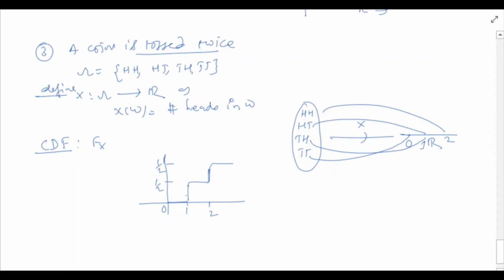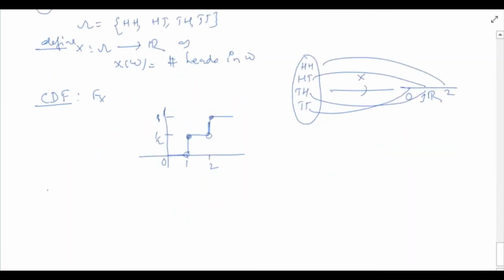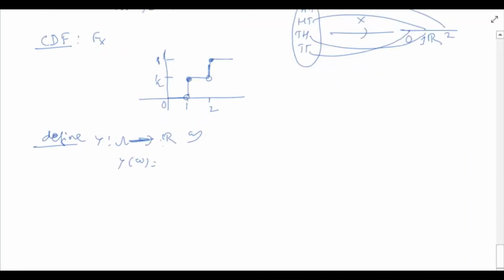F of 0 is 0, F of 1 is half, F of 2 is 1. Similarly, we can define another random variable Y to be the number of tails in omega. So Y of omega is the number of tails in omega. So now the function Y looks as follows.